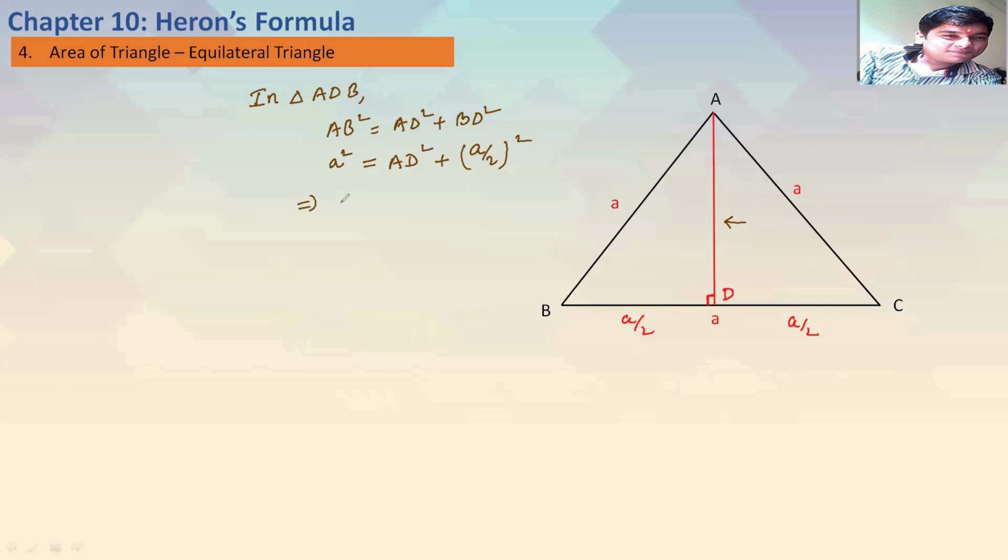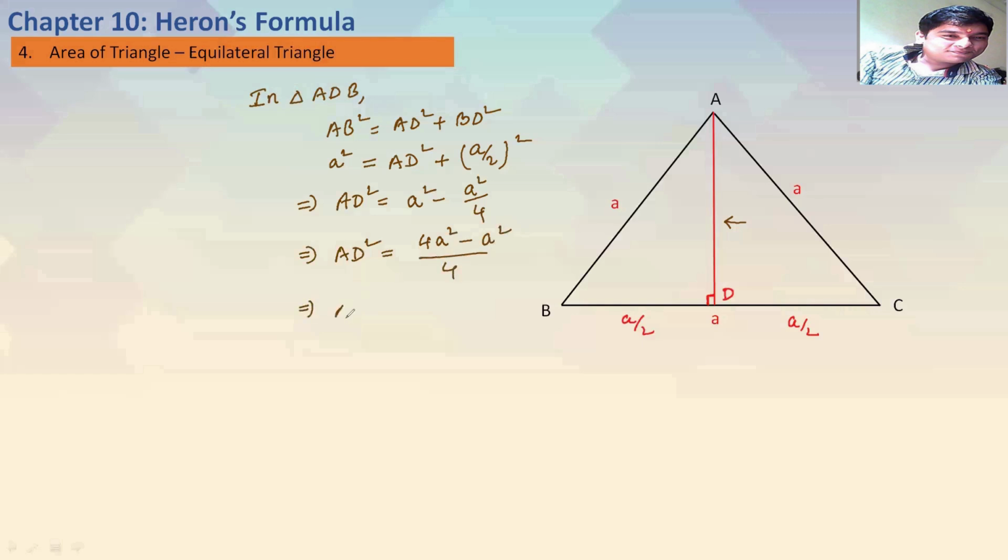The next step is AD square equals A square minus A square by 4. Okay, what will be the next step? AD square equals A square minus A square by 4. LCM, right? 4A square by 4 minus A square by 4.